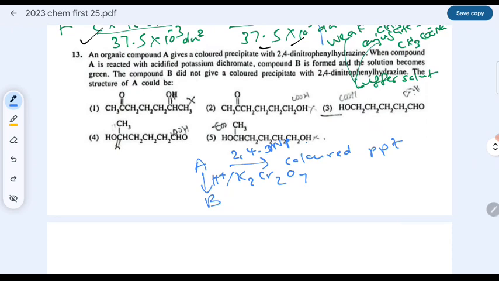The compound B did not give a colored precipitate with 2,4-DNP, but this shows no reaction with 2,4-DNP.